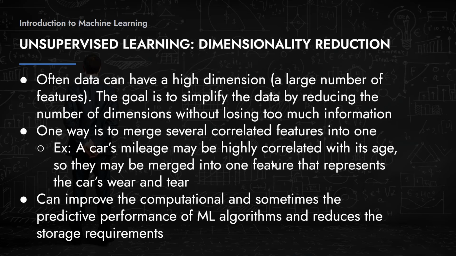So it might be very hard for you to come up with ways to collapse certain columns into single columns, and so you have to use machine learning algorithms to do this. It can improve the computational and sometimes the predictive performance of machine learning algorithms, and it reduces storage requirements, because you're storing fewer variables and thus less data.